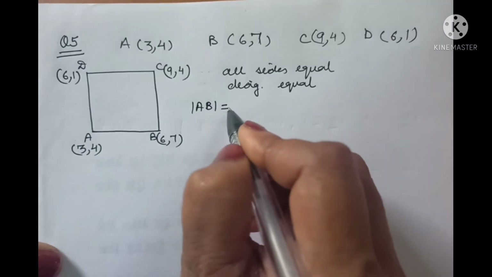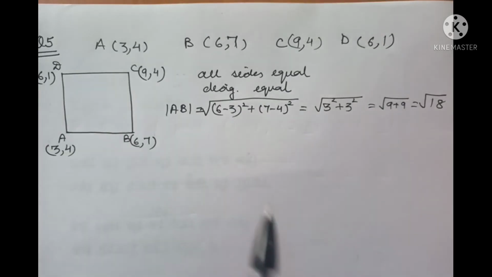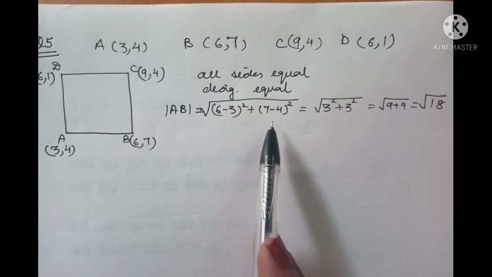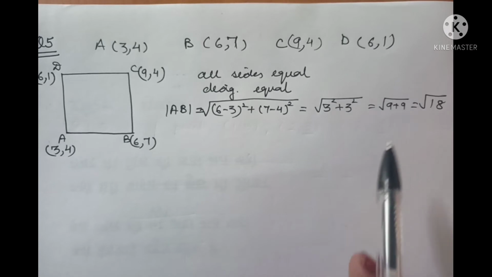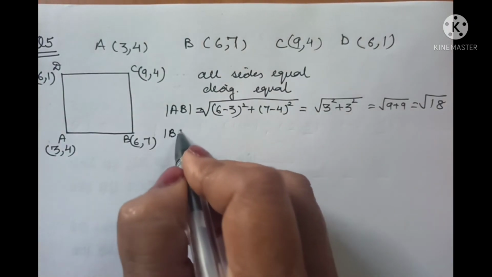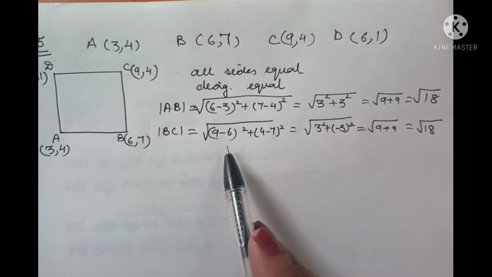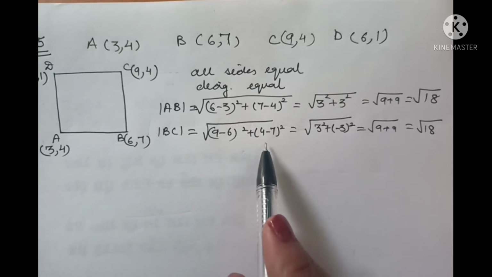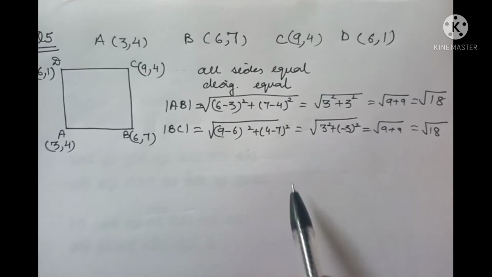Now let's find out AB, BC, CD and DA. I want you to do it with me, and I will quickly take up the values. AB is root of (6 minus 3) square plus (7 minus 4) square, which gives you 9 plus 9, that is root of 18. Let's find out BC, which is (9 minus 6) whole square plus (4 minus 7) whole square, giving me again root of 9 plus 9, that is root of 18.